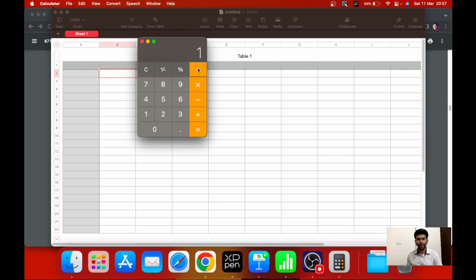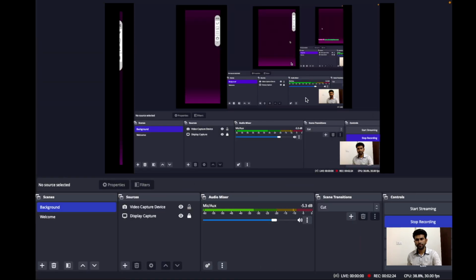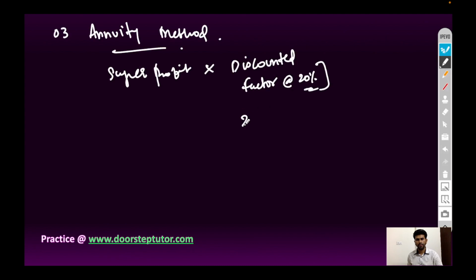So 1 divided by 1.2 equals 0.8333, plus 0.6944, plus 0.5787, which is 2.1064. 2.1064 is the discounted factor.